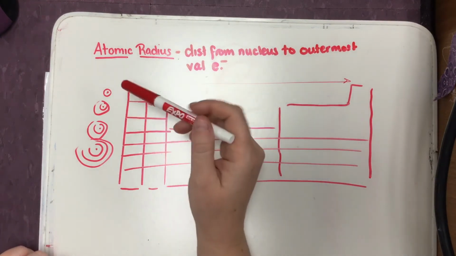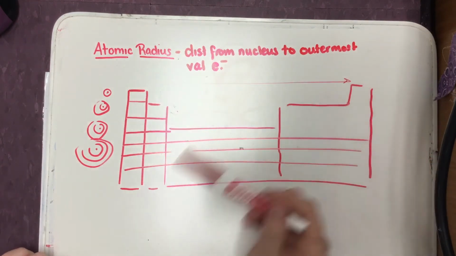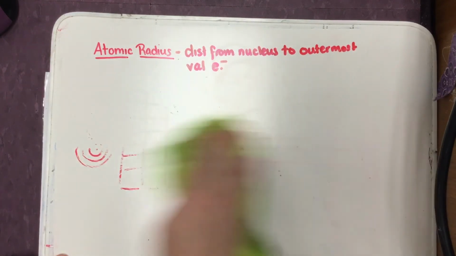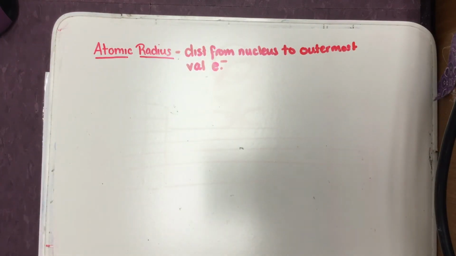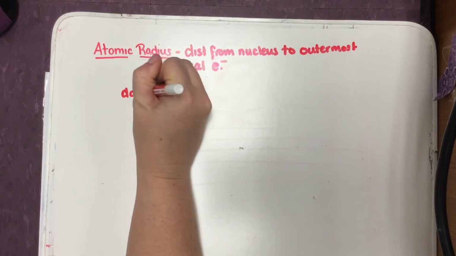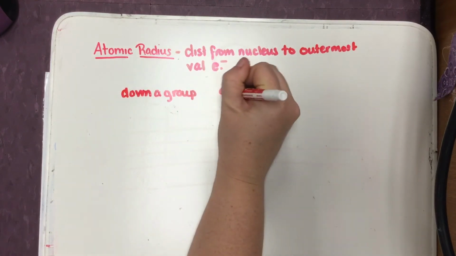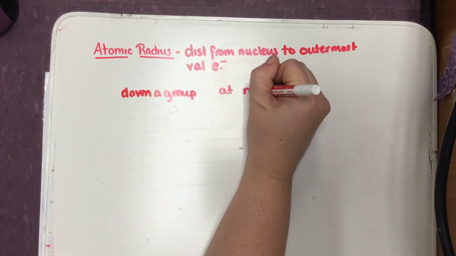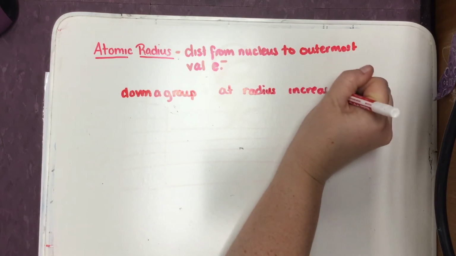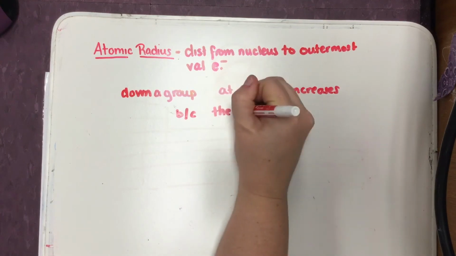So one more time, our goal here is that you can tell me what happens down a group and across a period and why. So when we're looking at atomic radius, we can very easily say down a group, the atomic radius increases because there are more energy levels added.